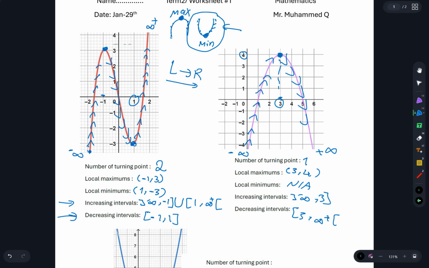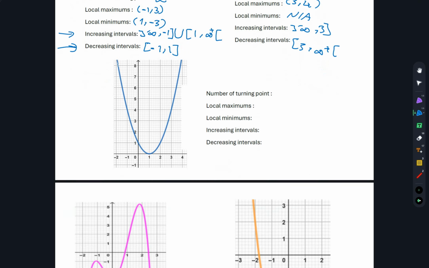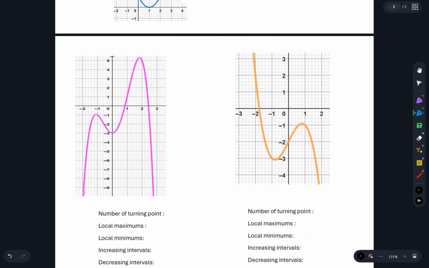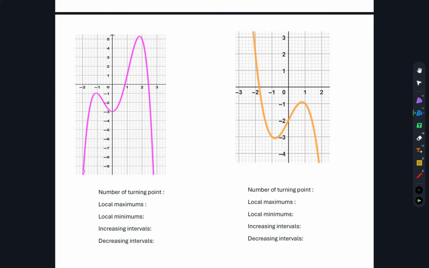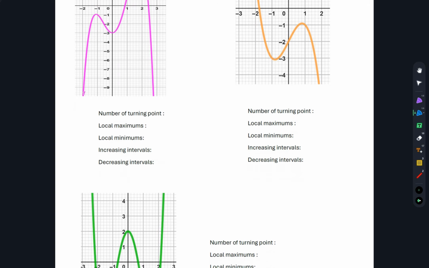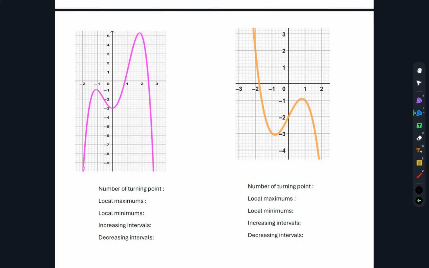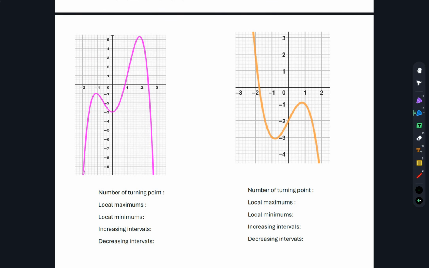All right, let's take another example, this one, which contains the letter W. This one is good. From this graph, students, again, how many local max and min do you see?